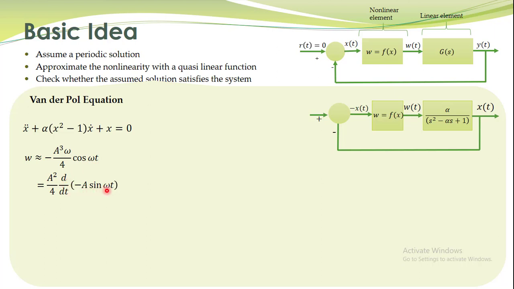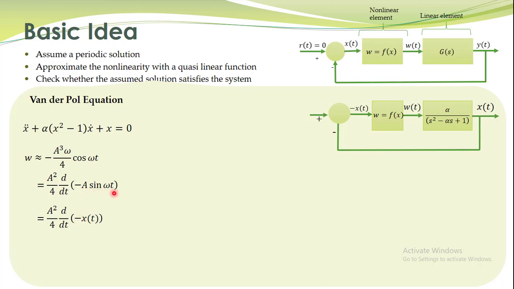The derivative of this expression, what is that? Derivative of a sine omega t is a omega into cosine omega t. So that is over here, which can also be written in this form: a square by 4 into derivative of minus x of t. Is it clear?